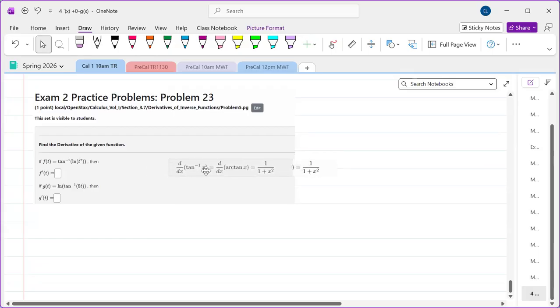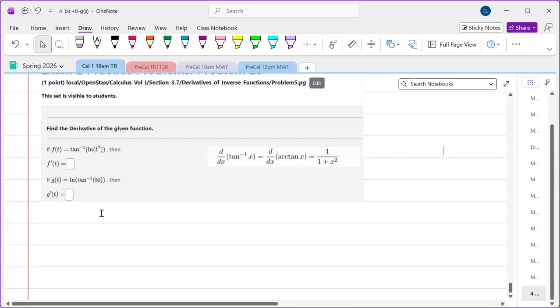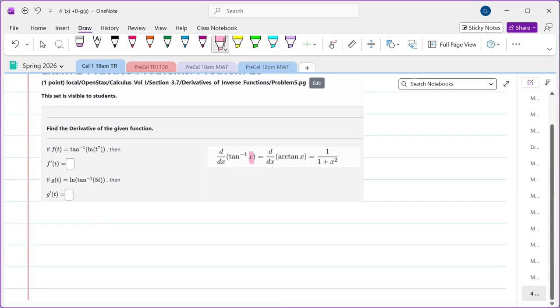All right, so I went and grabbed a picture of the derivative of inverse tangent for us to make use of. So when you're making use of these formulas, the formulas are written in terms of x, but our function here is written in terms of t.